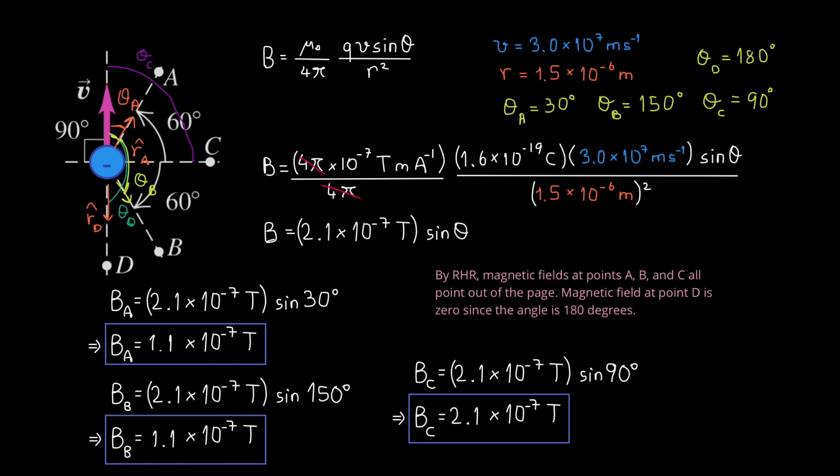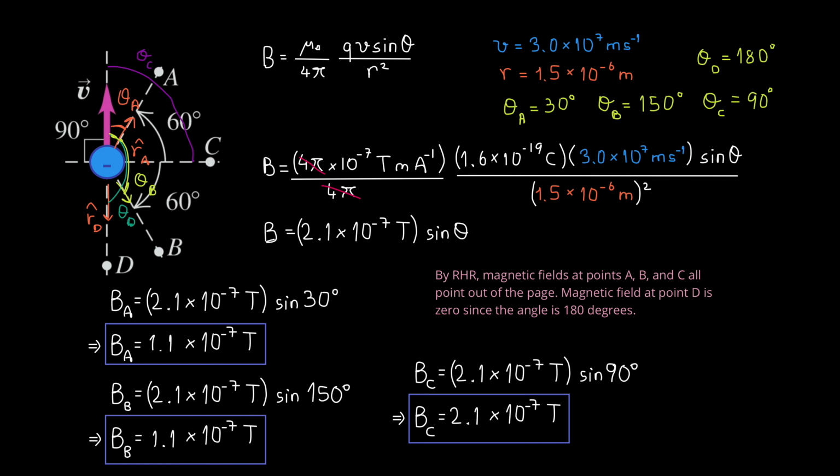Now, how about the direction of the magnetic field vector at each point? We apply the right-hand rule. We are going to do V cross R hat for each point. Extend your right hand in the direction of the velocity vector, which is pointing up, and then curl your fingers in the direction of R hat A, which is pointing towards the upper right corner.